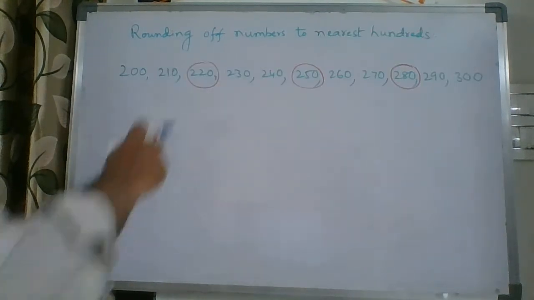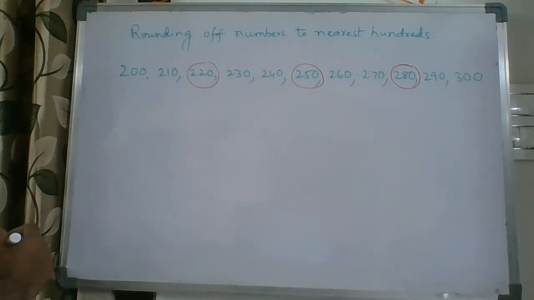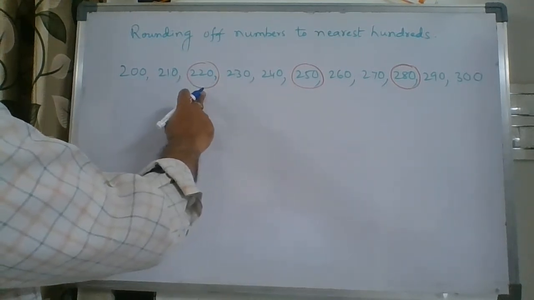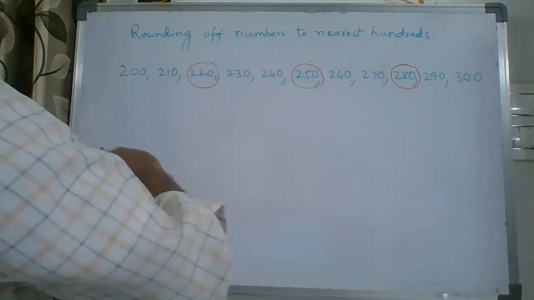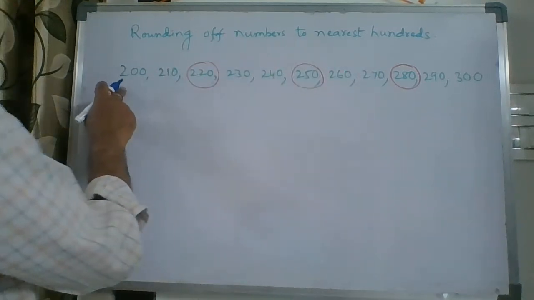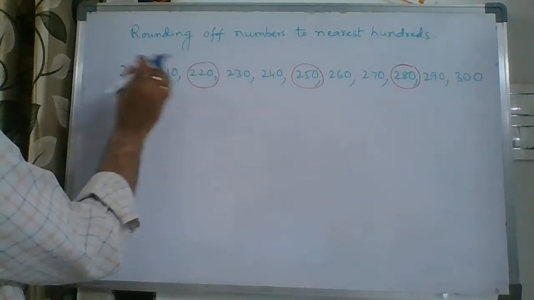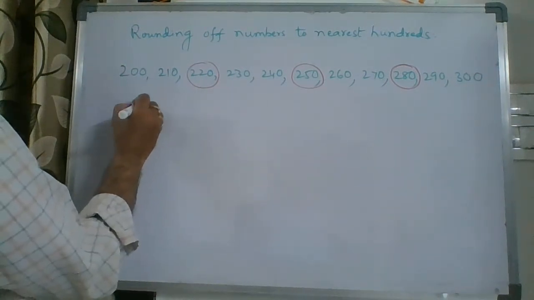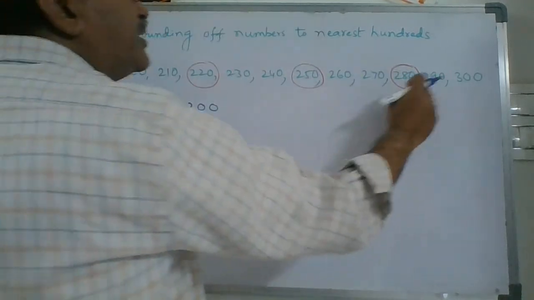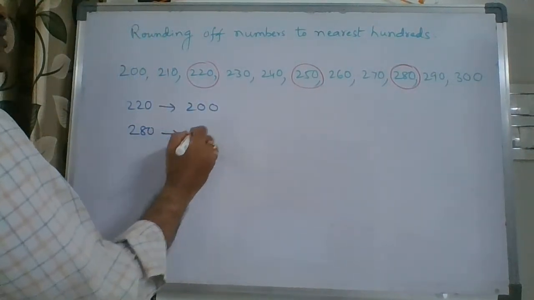Now the next question, rounding of numbers to the nearest hundreds. So how do we round off when it comes to the hundreds place? See, 220, 250 and 280 should be rounded off to their nearest hundred. Now they lie between 200 and 300, isn't it? So 220 is nearer to 200, therefore 220 is rounded to 200, and 280 is nearer to 300, therefore 280 is rounded to 300.